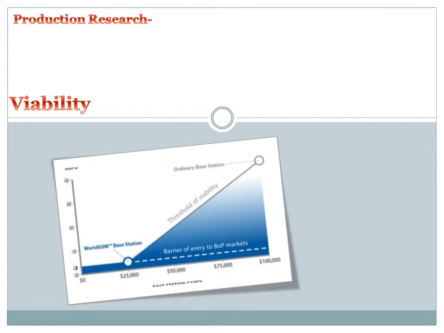Viability. Viability is something which is measured, and its ability to have sustainable profits over a period of time. The longer that thing stays profitable, the better its viability. It is the growth in a product and the stages. To research viability, you would use secondary research to find out the stages a product goes through.